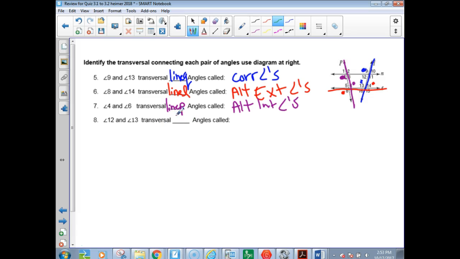And then finally, 12 and 13, find angle 12 and 13. They are on the same side of line Q. So they're consecutive between the lines, consecutive interior angles. Now, if lines N and L are parallel, those ought to be supplementary, not congruent. They're consecutive, they're on the same side.